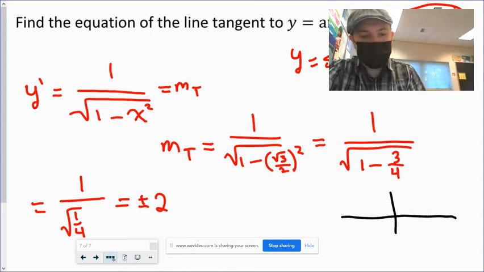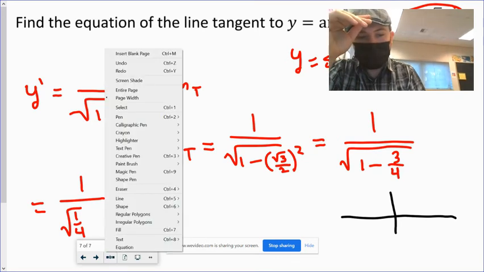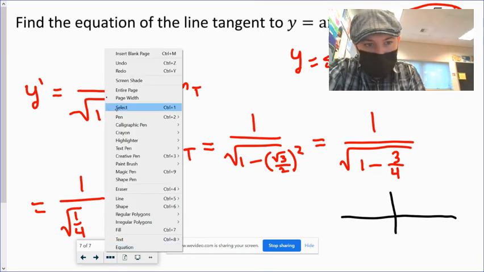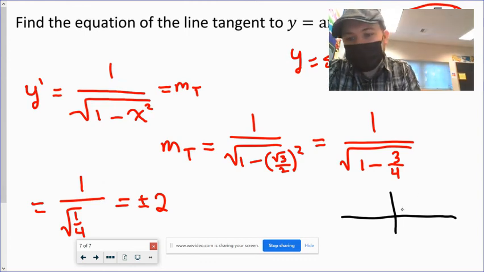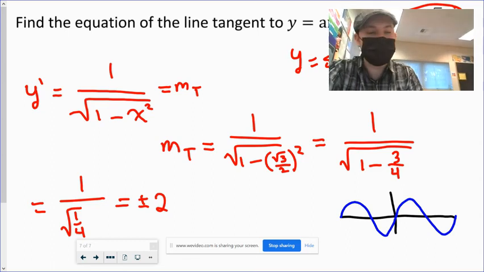So the sine curve, and I'm going to do this only for a very specific set of domain values. The sine curve looks like that. Okay. So there's sine. It has a period of 2 pi.